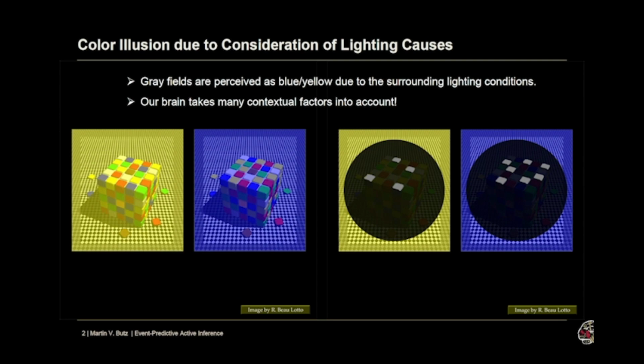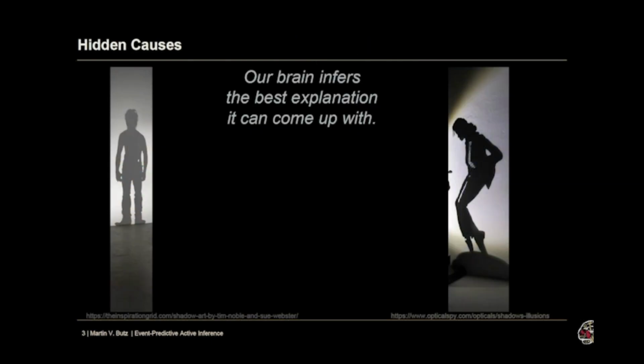Under yellow light conditions, a blue field will cause a gray impression on the eyes, and that's why our brain infers that this must be blue. Here it's inverted, and so the gray parts must be yellow. So we take into account all the information that we have, the sensory perceptions, and our brain tries to interpret the world to the best of its knowledge, to the best of its own experience.